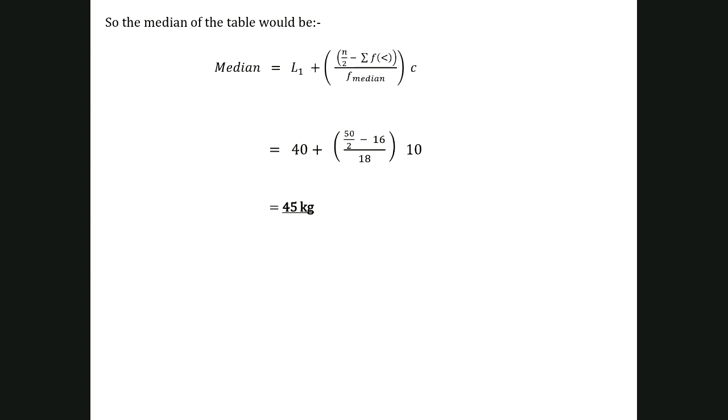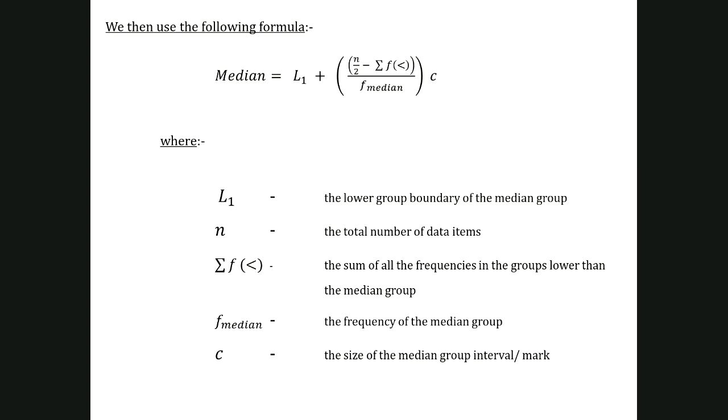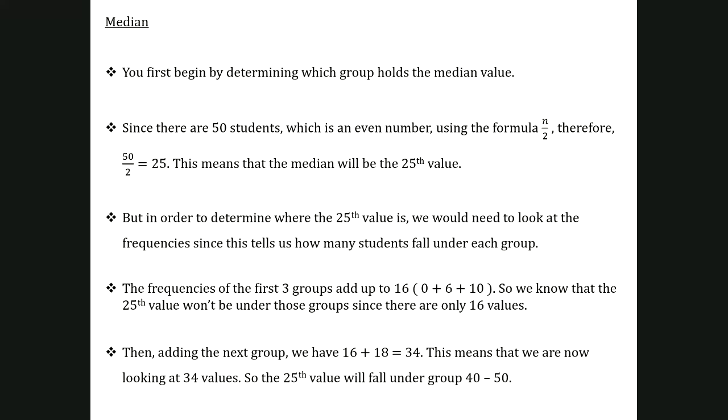So when it comes to your median, sorry, I want to go back to the table. When it comes to your median, there are 3 steps that we follow. Very similarly with your ungrouped data, the first step here is to determine the position of the median.